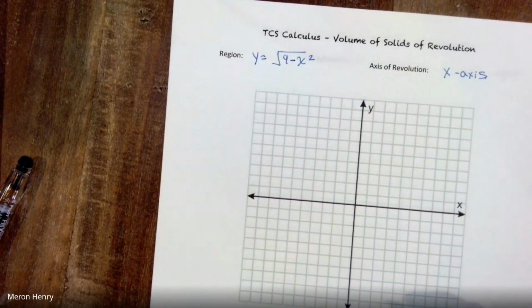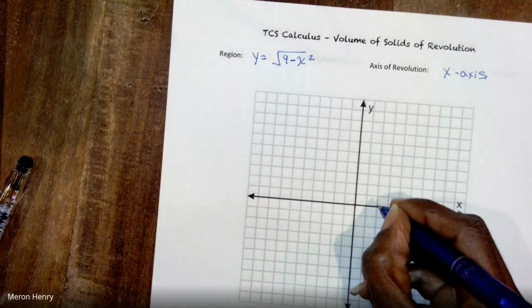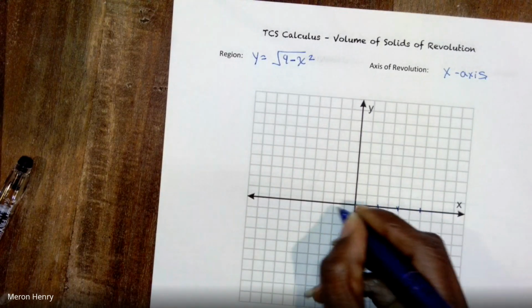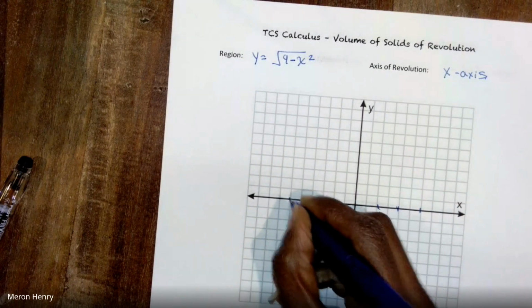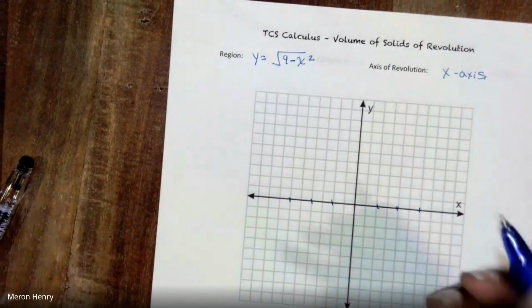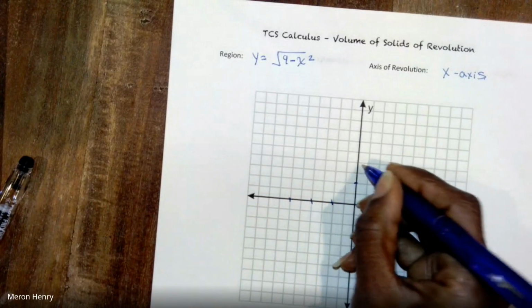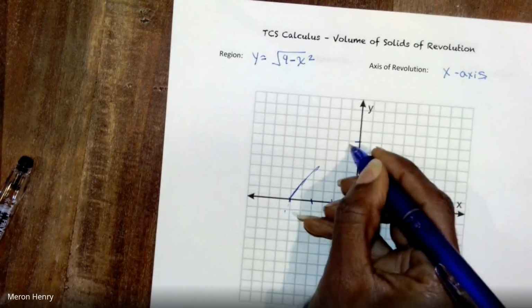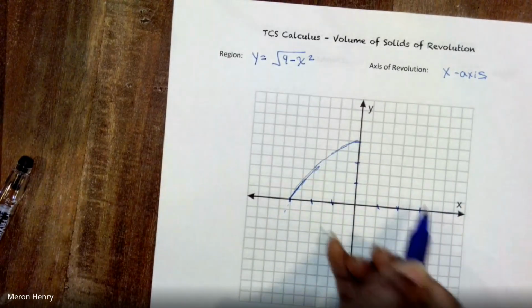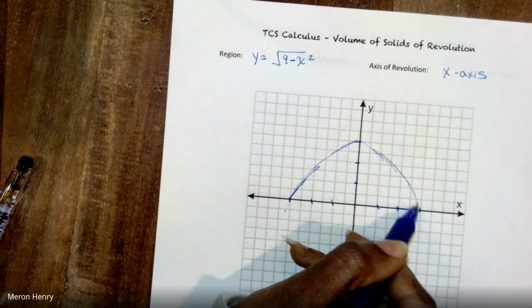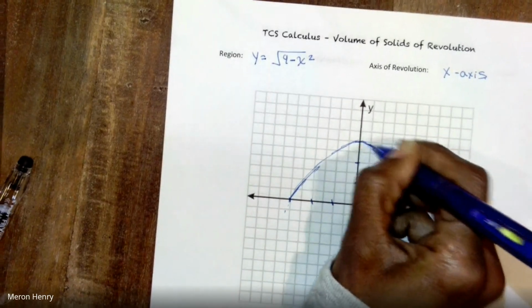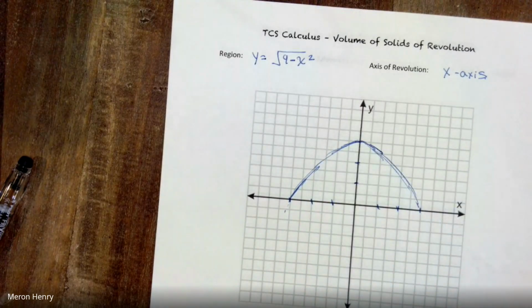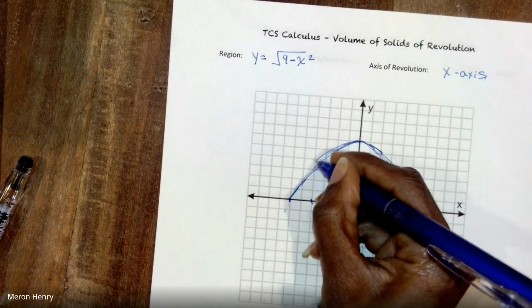Okay, so if we're to graph this, we will have 1, 2, 3, 1, 2, 3, and 1, 2, 3. So it looks something like this, right? Not so pointy, but more rounded.